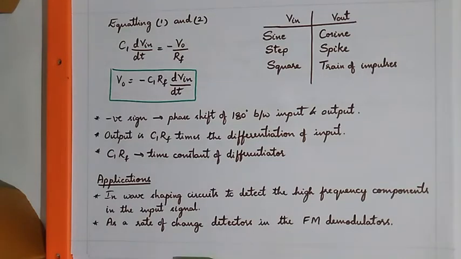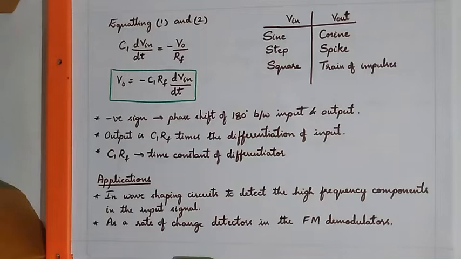That is because the input is applied to the inverting terminal of the op-amp. Thus the output is C1 RF times the differentiation of the input voltage, and C1 RF is called the time constant of the differentiator.